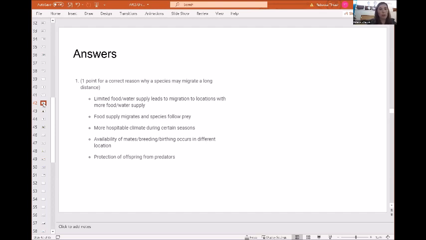There's also migration because some species are following migrating prey. So if you've got a herd animal that moves, then you've also got to move if that is your prey. Some folks mentioned warmer weather or a better place for breeding. Then you may want to move where there's a more hospitable climate. Birds often do this in the winter. They'll go south, and then in the summer, they'll come back up north.